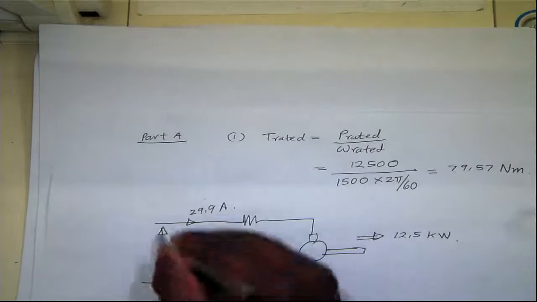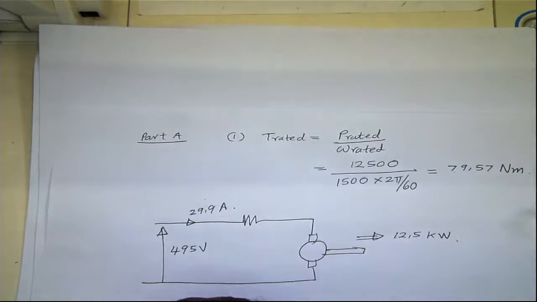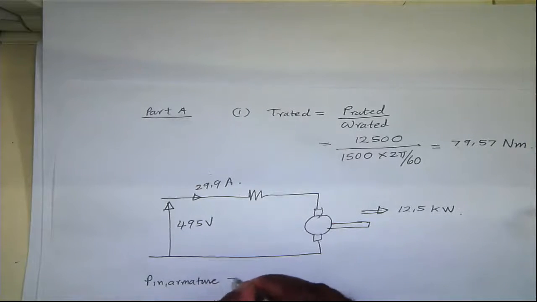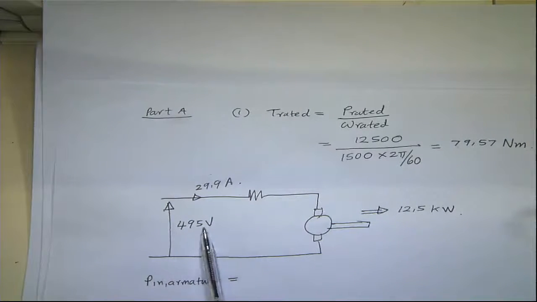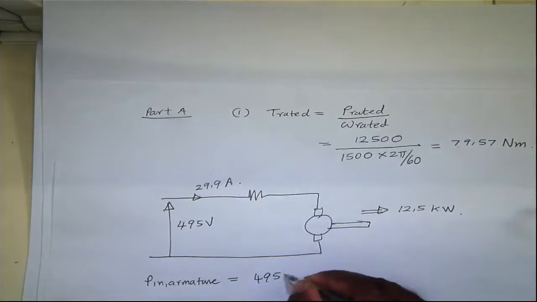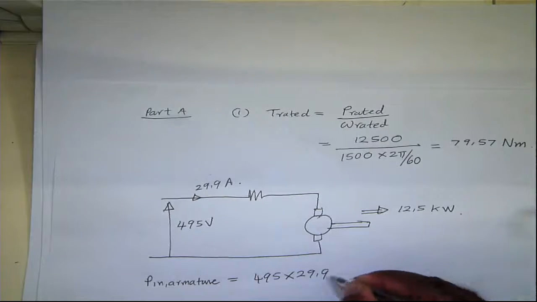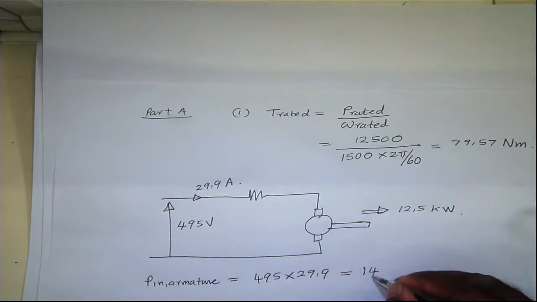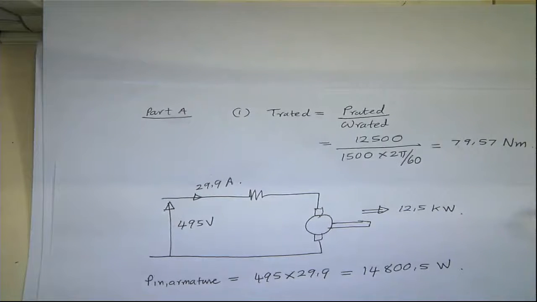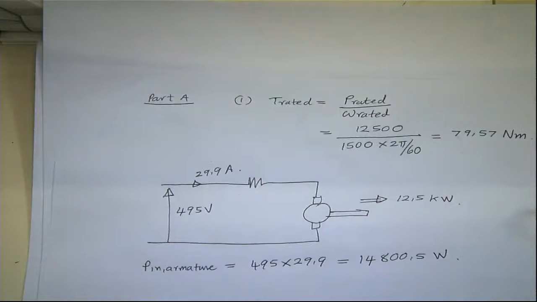So P in, the armature input power, will be the armature voltage times the current into the armature, which is 495 times 29.9. This gives you 14,800.5 watt. That's the input power to the armature.